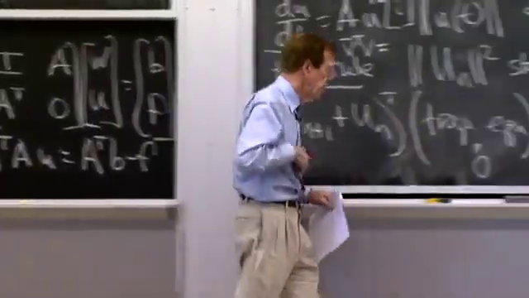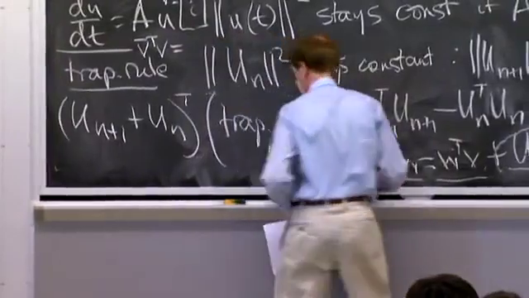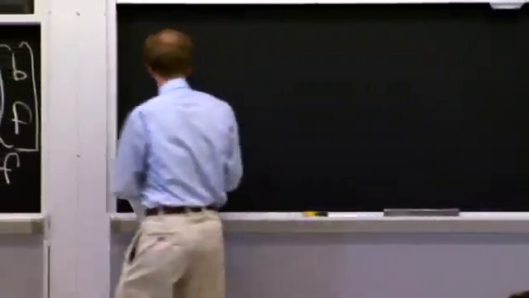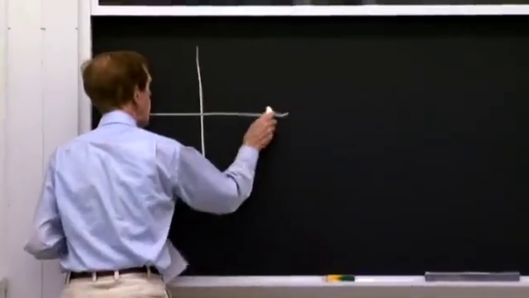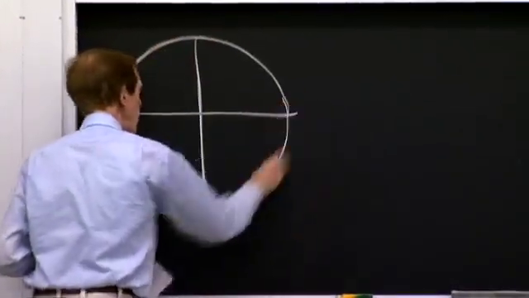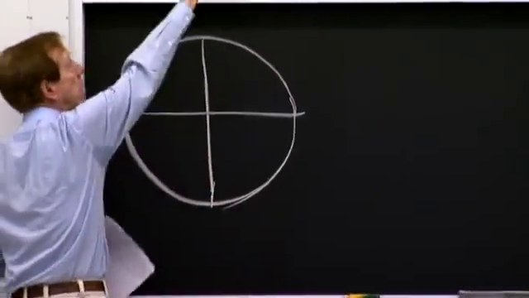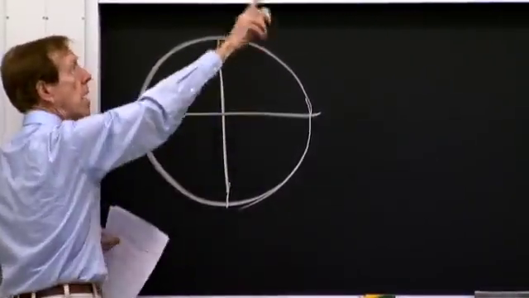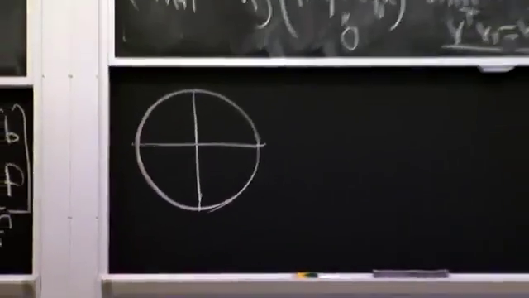The point is we're trying to solve, and this isn't a big deal, but if we're using this trapezoidal method, the beauty of that, exactly what our thing proves, is that the constant energy surface is the circle.